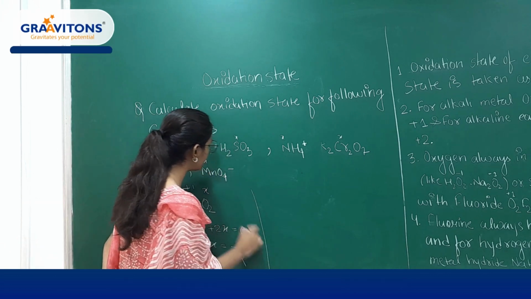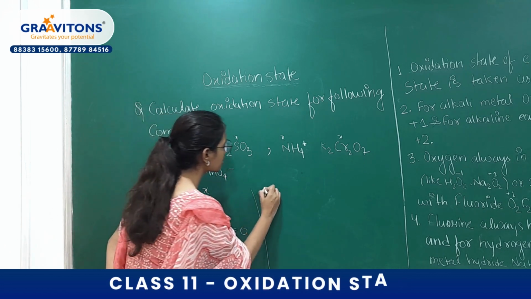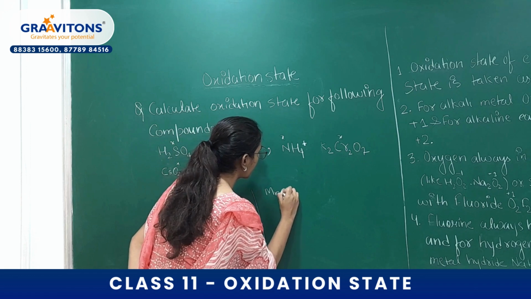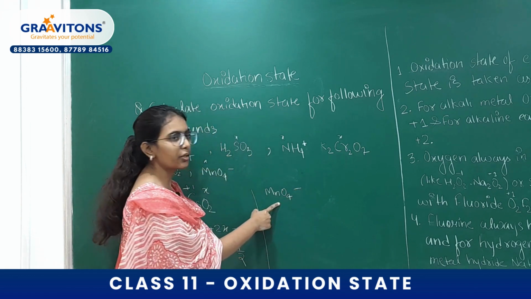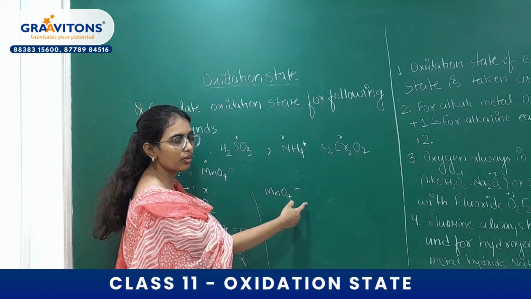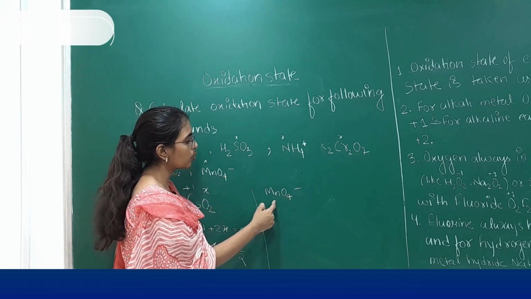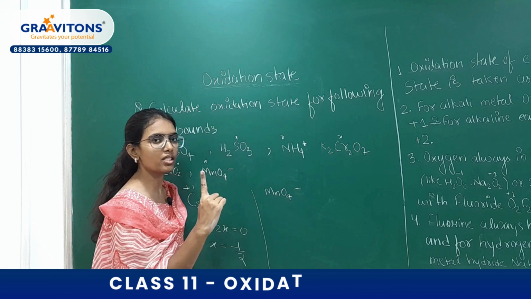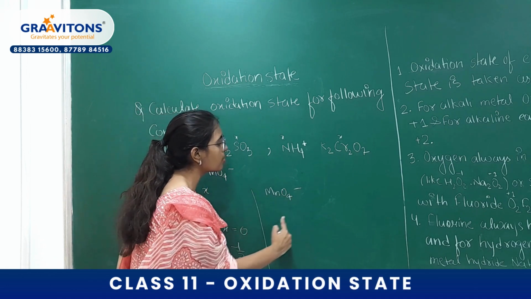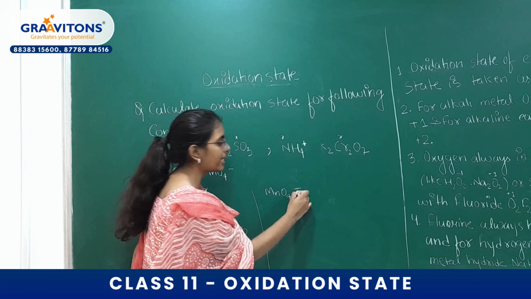Okay. Now for the MnO4 minus. The compound is not neutral, it is an anionic compound. We have a negative charge, minus 1. So we will equate the sum of oxidation states to minus 1.